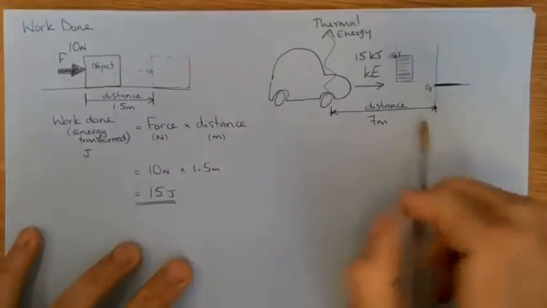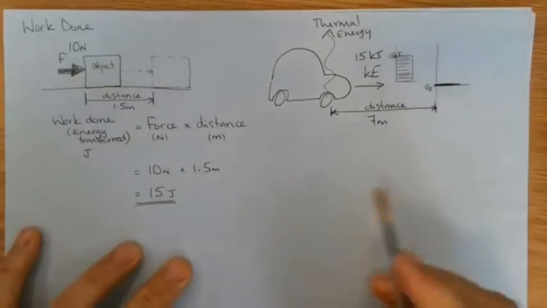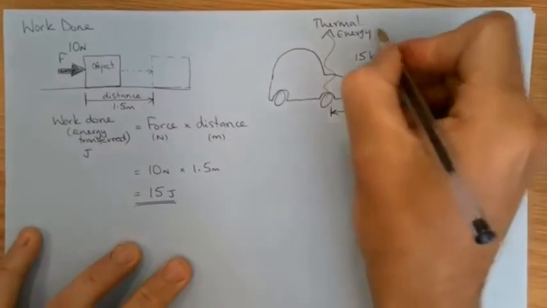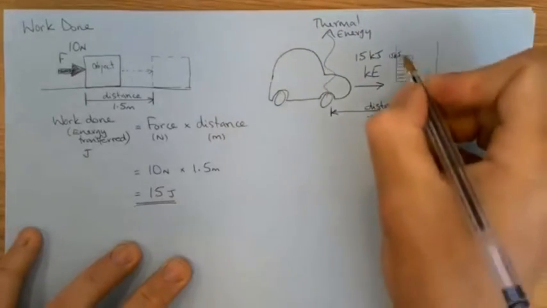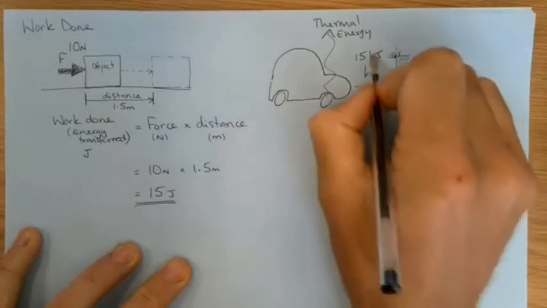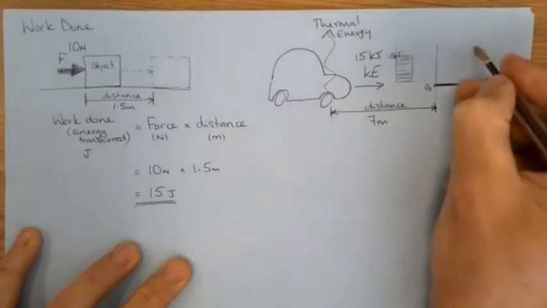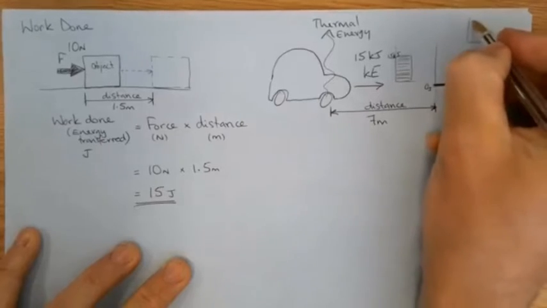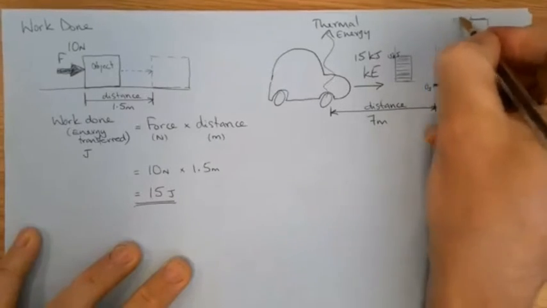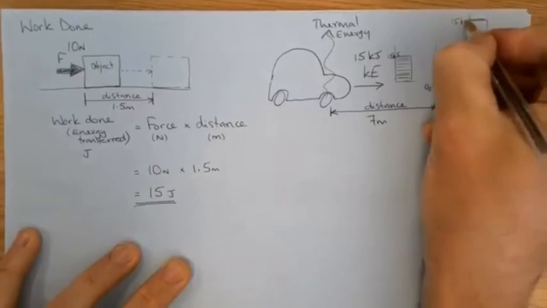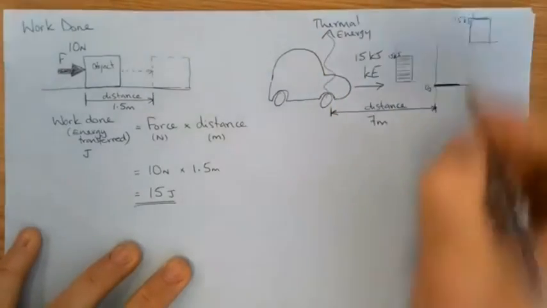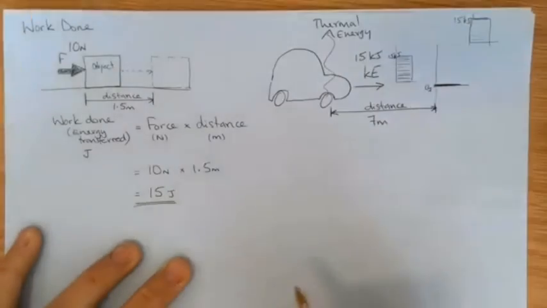Remember this idea of conservation of energy. You can't destroy it, but it can change. So we've got the kinetic energy store being transferred into the thermal energy store, and because we've had 15 kilojoules, then at the end the thermal store must have gone up by the same amount, so 15 kilojoules.